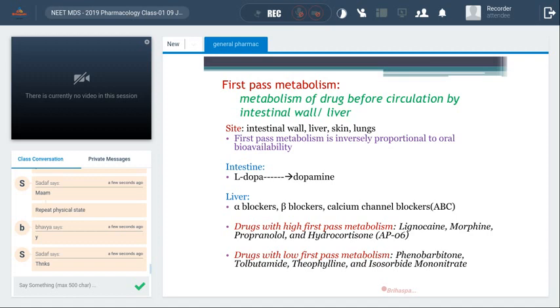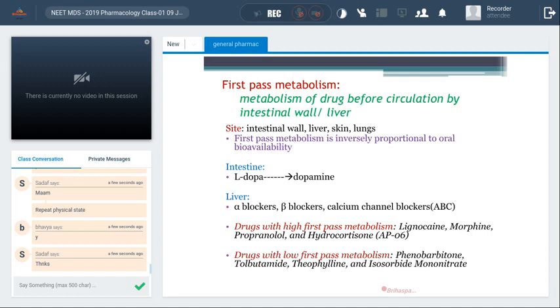The drug is mildly broken down before it reaches the circulation. That is called first pass metabolism. Is that clear? That means metabolism happening before it reaches the systemic circulation. So after it reaches systemic circulation, after it goes to the specific tissues, then it gets metabolized. That is metabolism proper.